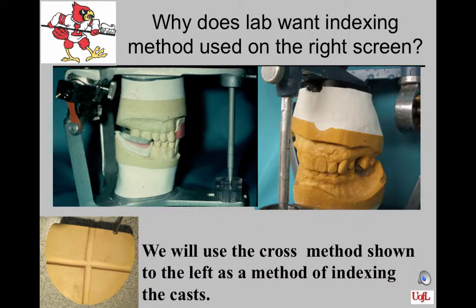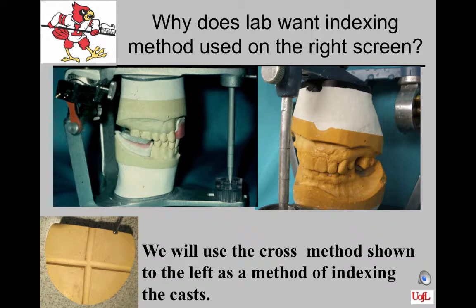We use the cross form of indexing the cast as shown on the bottom left because the laboratory can tell whether the case is indexed when it arrives at the lab. The cross method goes out to the sides so it's visible when the case is mounted. The lab has to remove the cast from the articulator to work on the case.